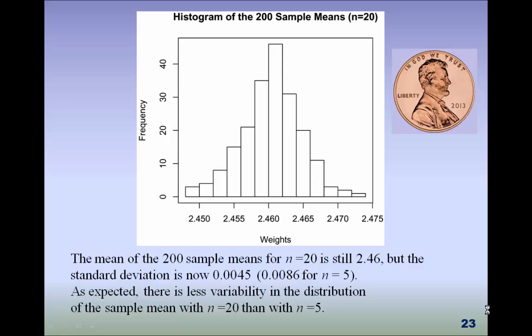The mean of the 200 samples for n equal 20 is still 2.46, but the standard deviation is now 0.0045. And remember, it was 0.0086 when we had a sample size of 5. As expected, there is less variability in the distribution of the sample mean with a sample size of 20 than with a sample size of 5.